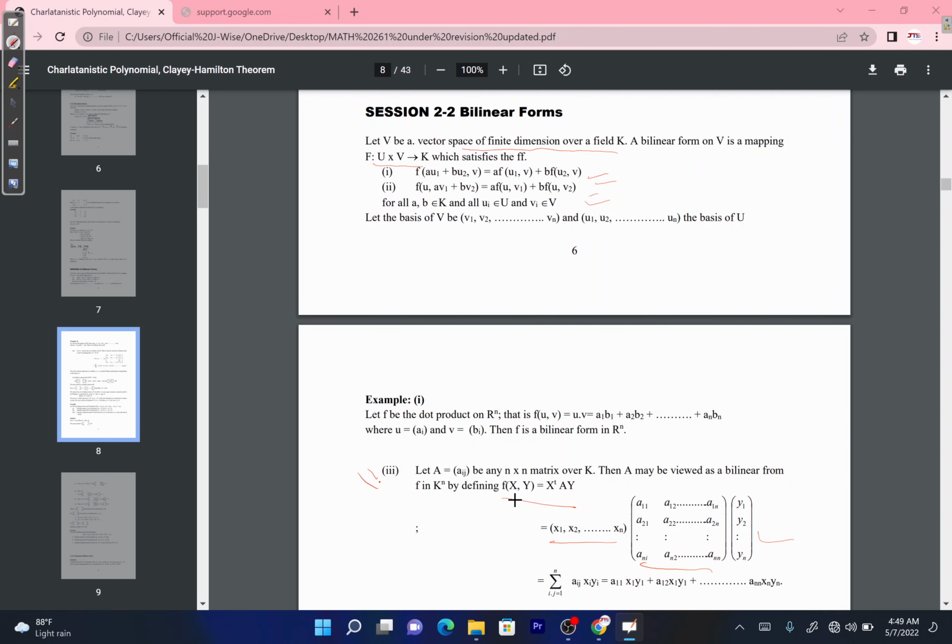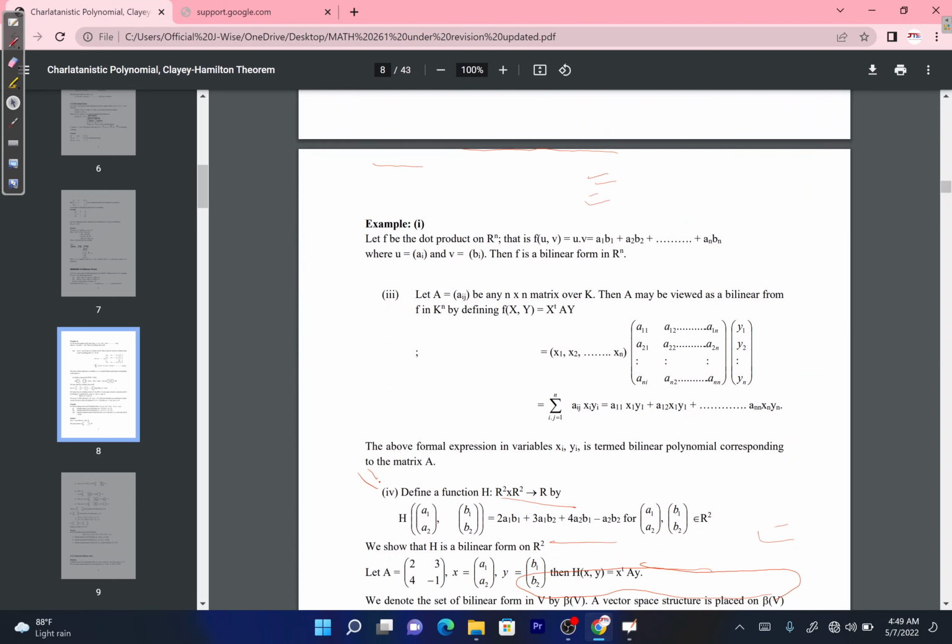Then the bilinear form is given by x transpose A y. When you solve this, you will get a11 x1 y1 + a12 x1 y2 up to ann xn yn.